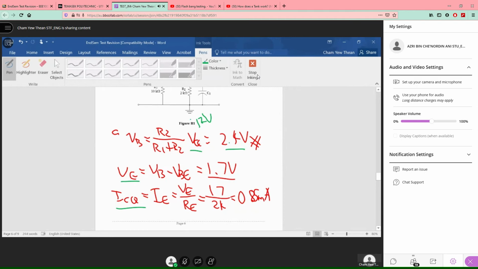Here your ICQ is simply equal to your IE because beta is very huge. So you can calculate your ICQ to be 0.85 milliamps.